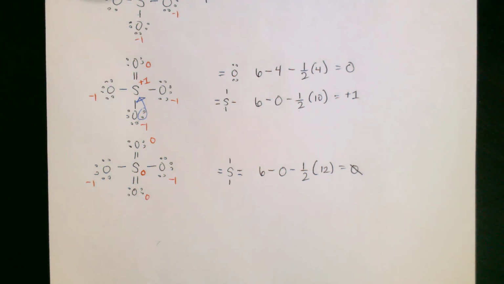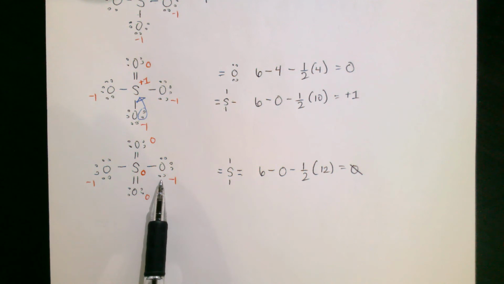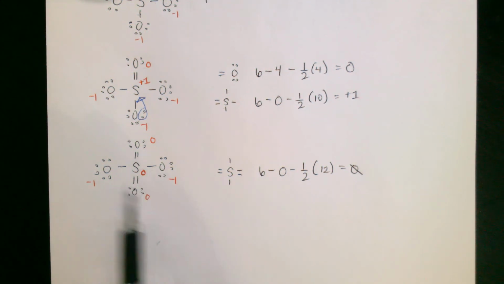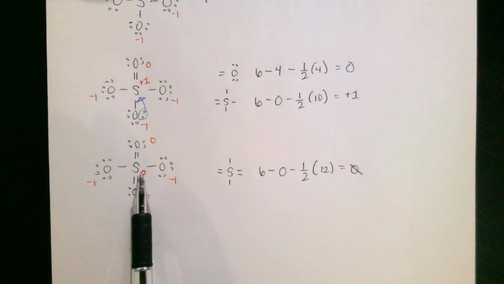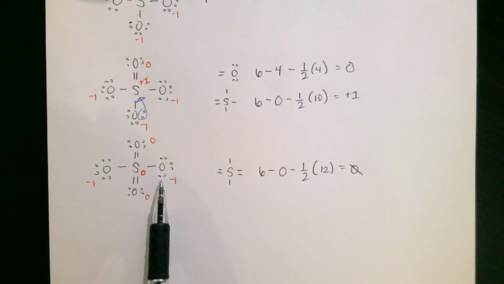We could essentially have sulfur and oxygen swap places. If we took electrons and moved them here, we wouldn't want to do that. If we took electrons here and made another double bond, then we'd have 0, 0, 0, -1, -1. So what's the difference? Why have the -1 here or here? If you look at oxygen, it is more electronegative.